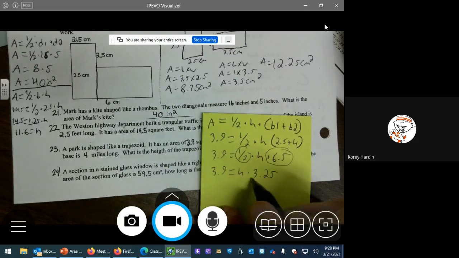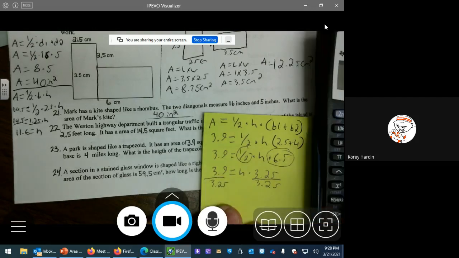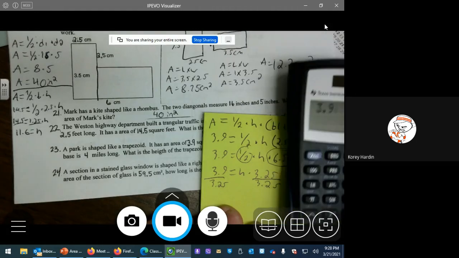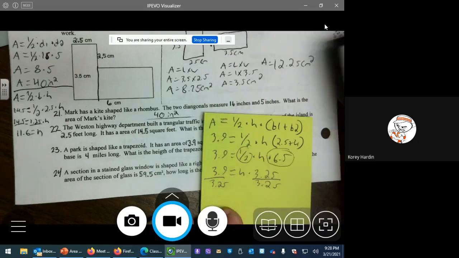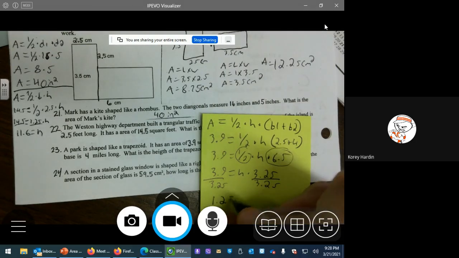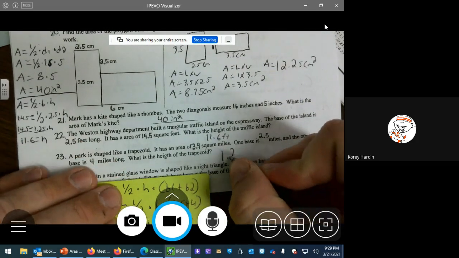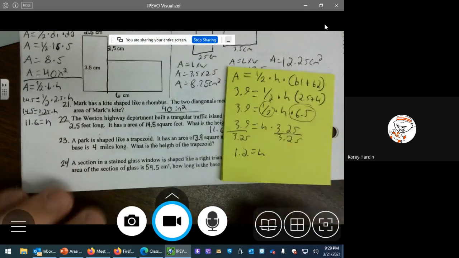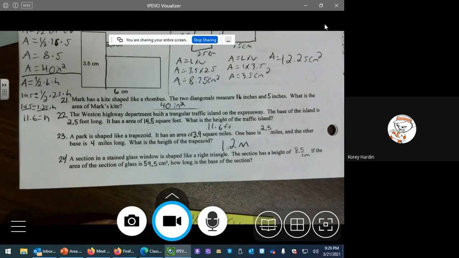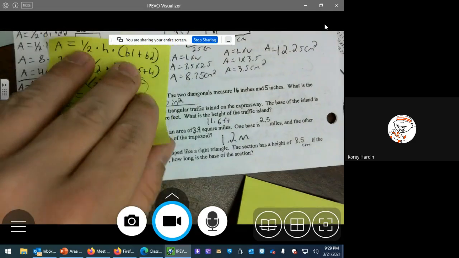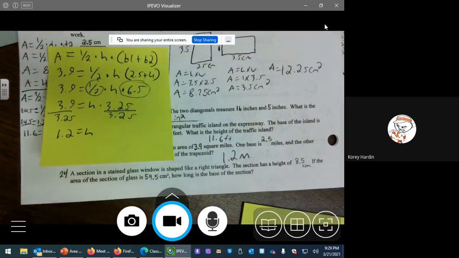So after I do that, I divide by 3.25, divide by 3.25, and 3.9 divided by 3.25 equals 1.2. So for 23, your answer is going to be 1.2 miles. That was a difficult one. Well, I put my work on the paper so you could see it, but you know, I covered it up. The last one up.